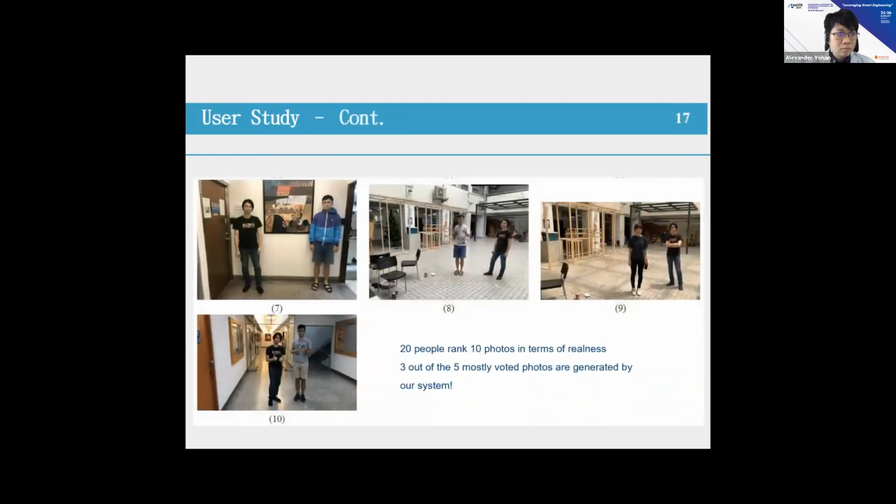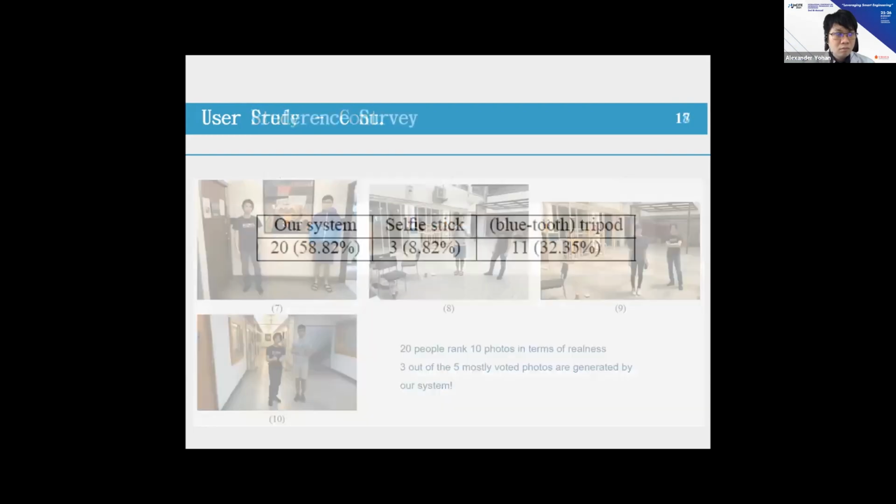We asked 20 people to rank these 10 photos in terms of realness. And it turns out that 3 out of the 5 most voted photos are generated by our system. So this means that many of them think that our system generated images are realistic ones.